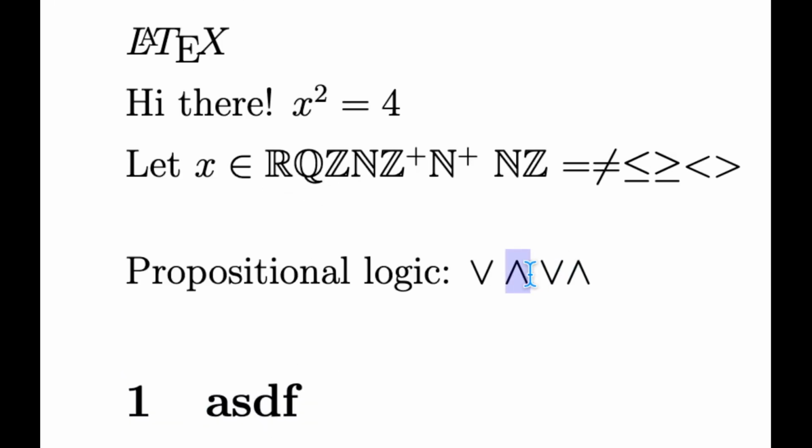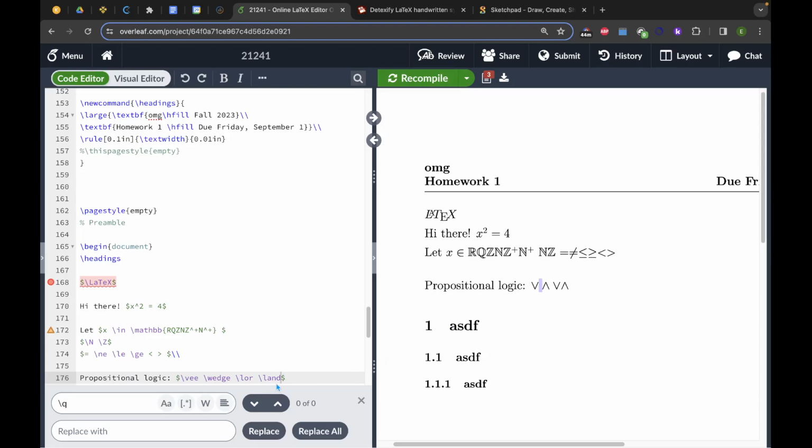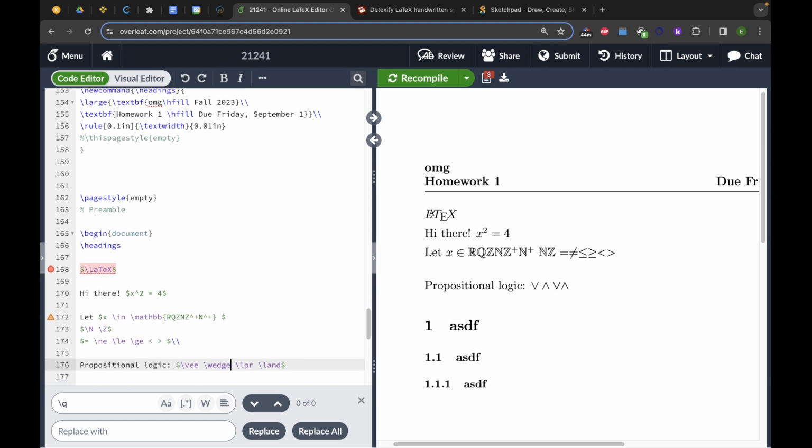The spacing looks a bit different. Oh, or is it because... Yeah, I have no idea, but I usually use \lor and \land. There might be some Math Overflow post on why the spacing's a bit different, but \lor and \land sound a bit more intuitive than saying A vee B or A wedge B, in my opinion.